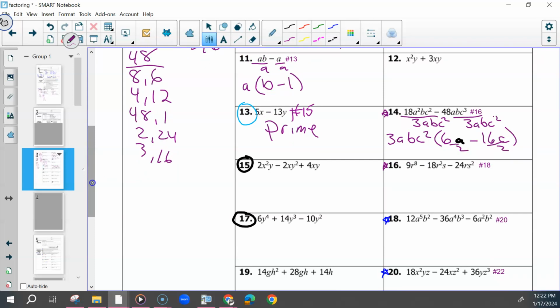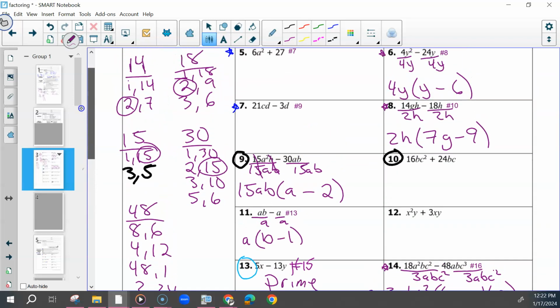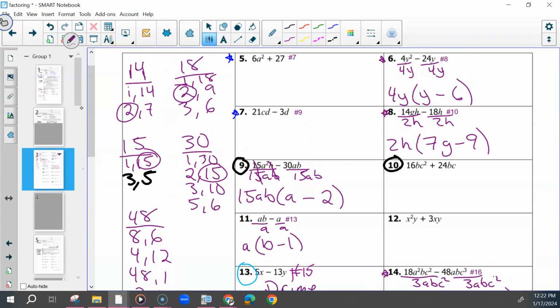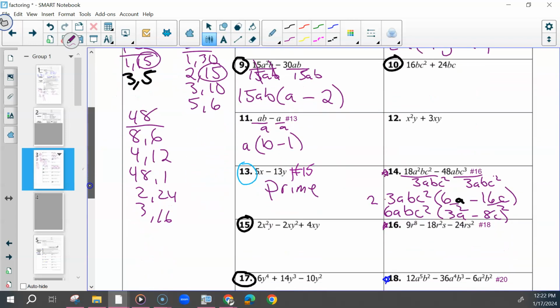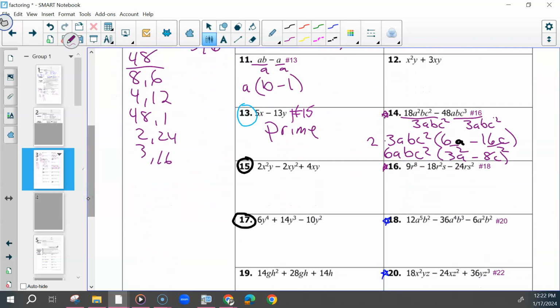When I divide that, I'm going to multiply it out front. So this becomes 3A minus 8C. Now I can't divide anything else out, and 6 was the highest number that they both share. So even if you don't do that first, as long as you do it eventually, you're good. Any questions on that?